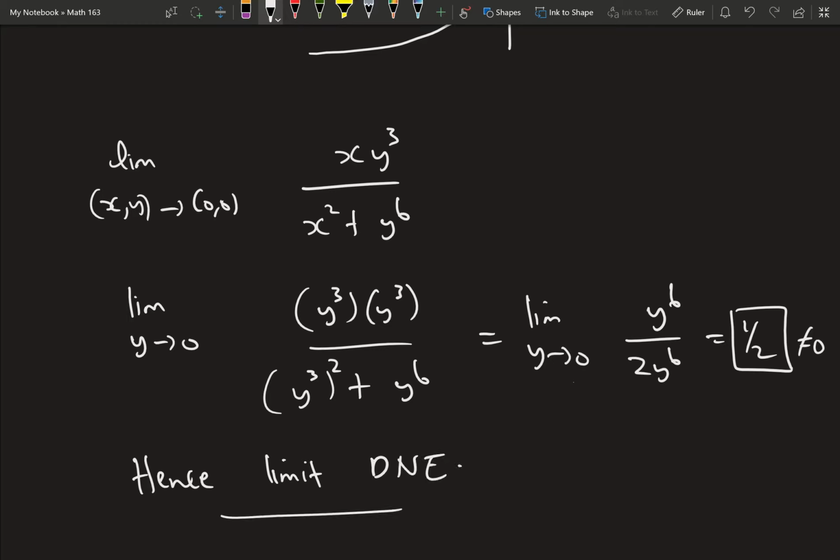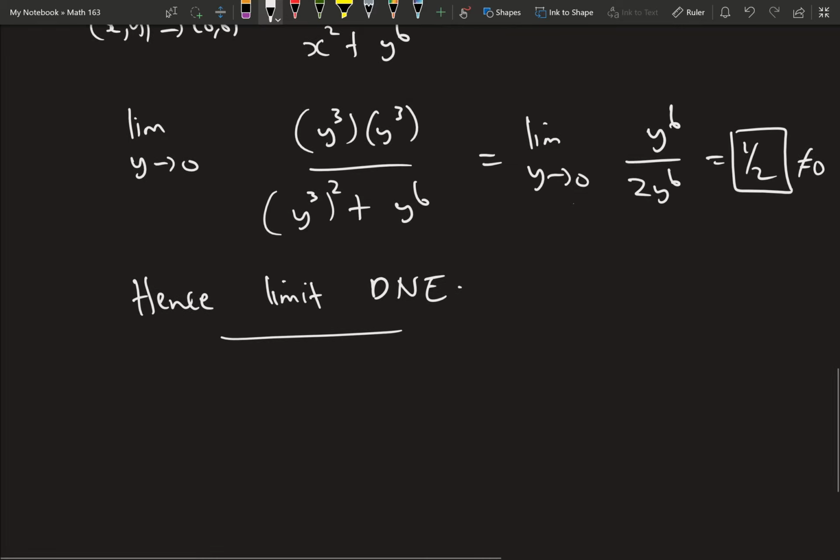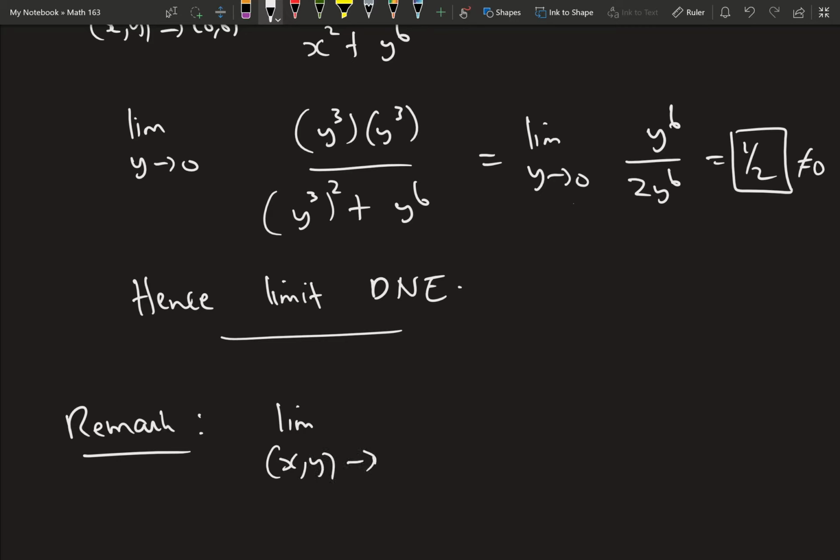Okay, so this is another example of a limit not existing. Just a little remark here, which hopefully is clear, but I didn't really mention it. If I just put the limit as xy goes to some other value, say like -1, 0, of xy cubed over x squared plus y to the 6th, the function here is continuous at that point.